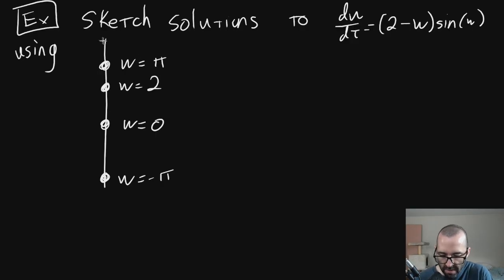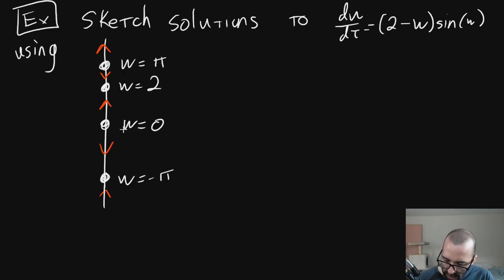Between here, the function's decreasing. Between here, the function's increasing. And down here, decreasing. And up here, it is increasing. So there's the phase line. It's got the equilibrium points and has the direction of the function between each equilibrium point.